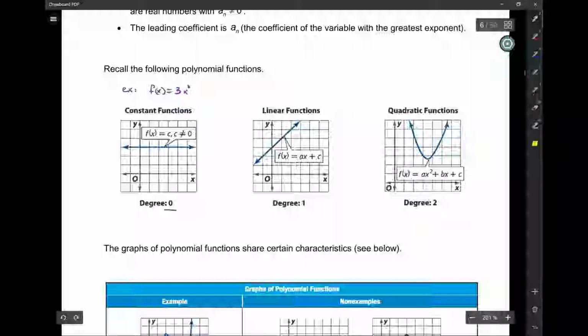So this is degree 0. This one, for example, what is the equation for this one? Y-intercept is 3, so y equals x plus 3, right? So you see here there is an exponent of 1. That's the highest exponent, so the degree is 1. Here we have a parabola, and you know that that's a quadratic function, right? So the degree is 2.